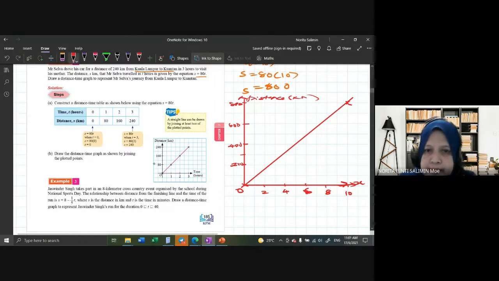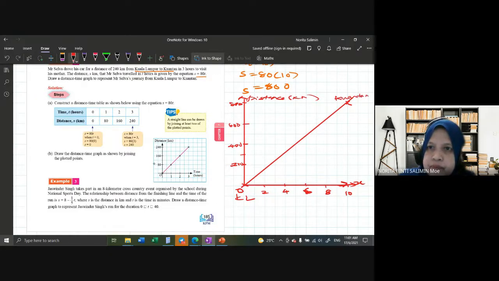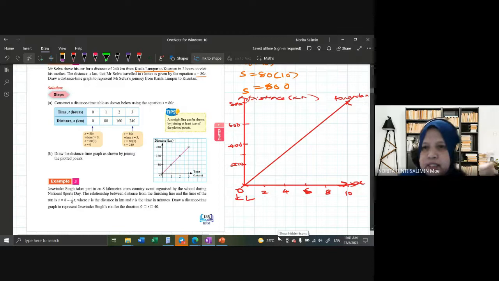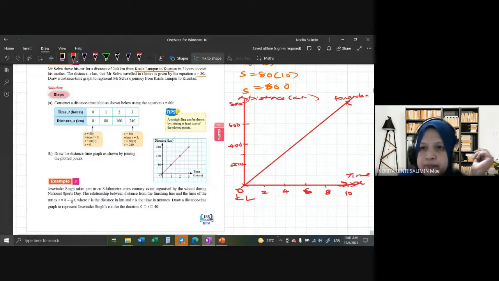This is KL and this is Kuantan. Can you follow? Can you understand? This is X, X is for time, and the unit for time is hour. This is the graph for Mr. Selva. Any question? Ada soalan nak tanya tak? Boleh faham?